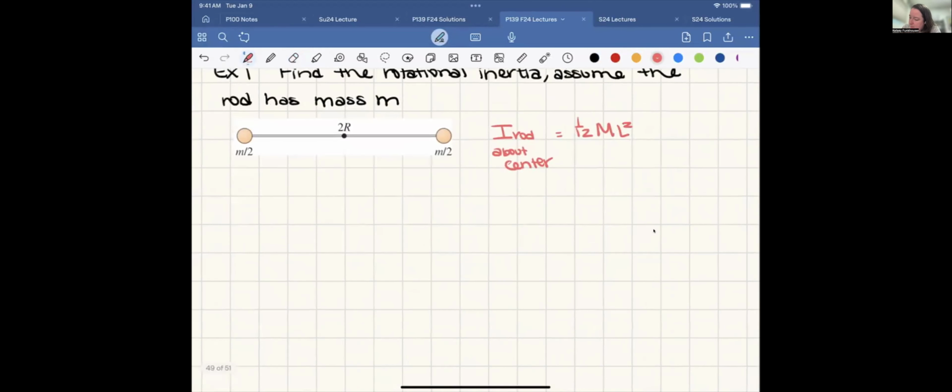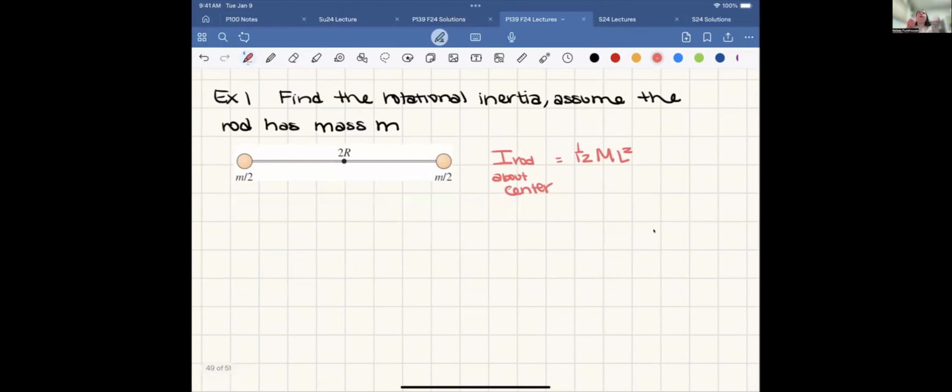And then for the rotational inertia of a system of particles, we sum up the rotational inertia of each particle. Similar idea here, where we still sum up the rotational inertia from each mass source. So the total rotational inertia is the rotational inertia of mass 1, we'll call this mass 1, this one mass 2, plus the rotational inertia of mass 2 plus the rotational inertia of the rod.